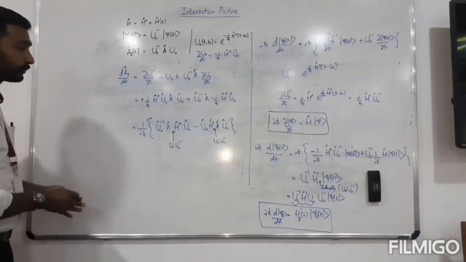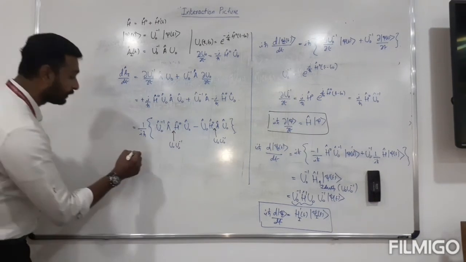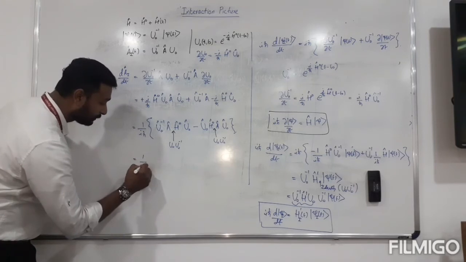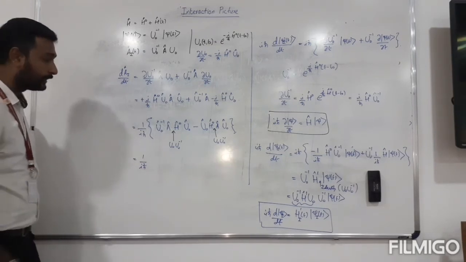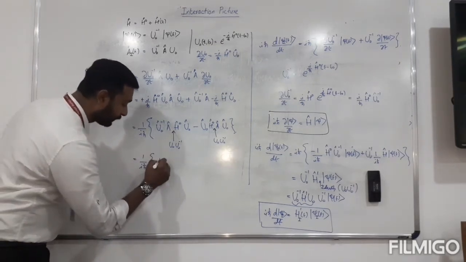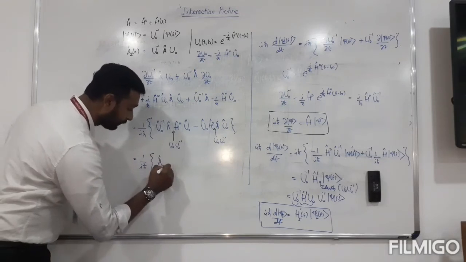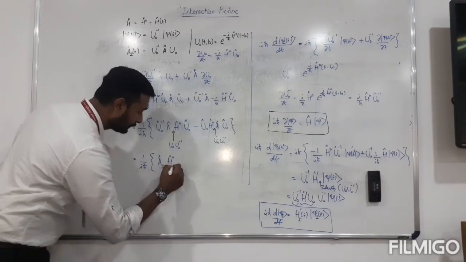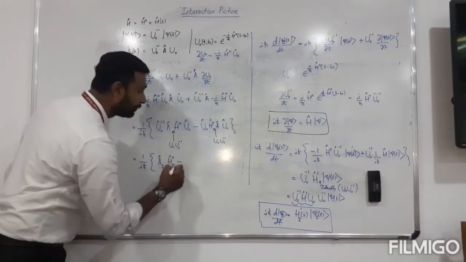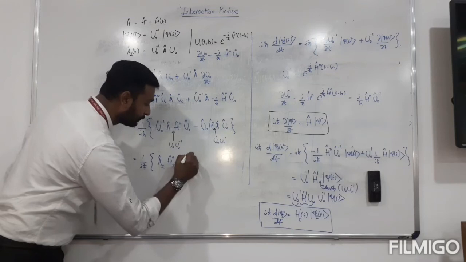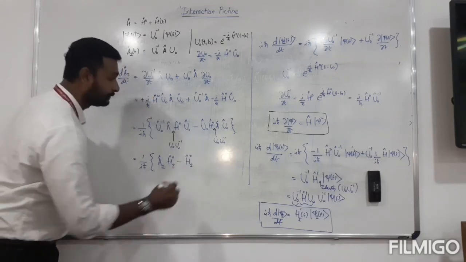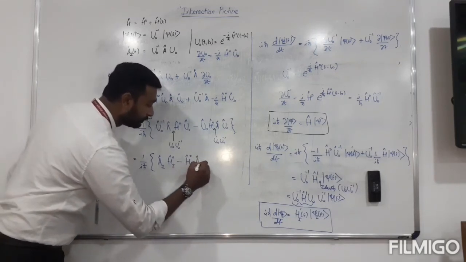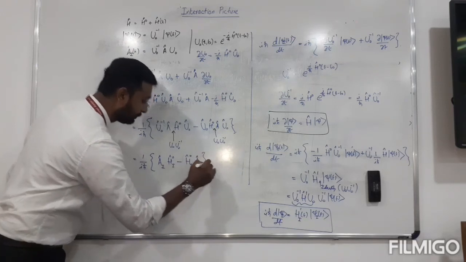I am not going to write that step, so you can follow it and try it on your own. I will write the result. So 1 by i h cross, this would become a_I h0_I minus h0_I a_I.